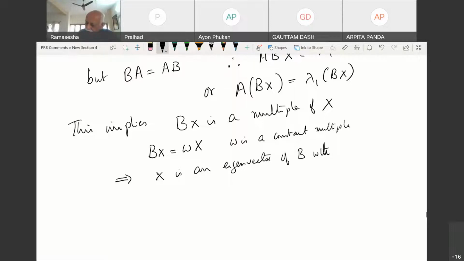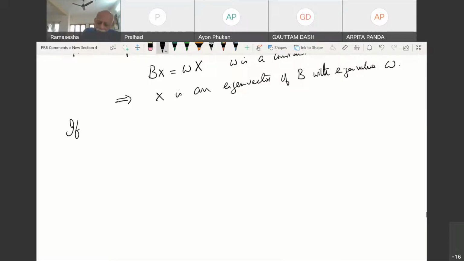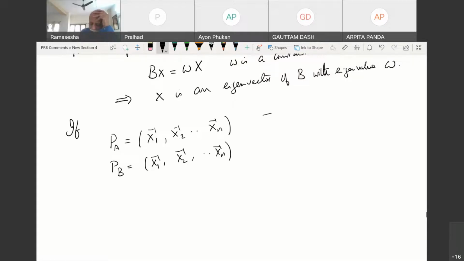Okay, so if A and B commute, they have a common set of eigenfunctions, which means that if the eigenvectors are x1, x2, up to xn, then the same model matrix P of A and B can be chosen to be the same.